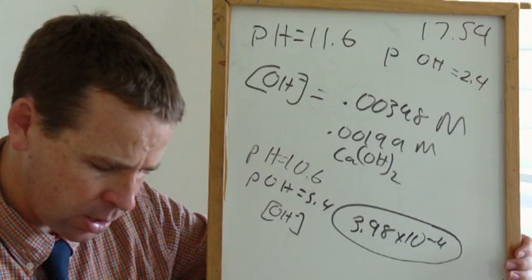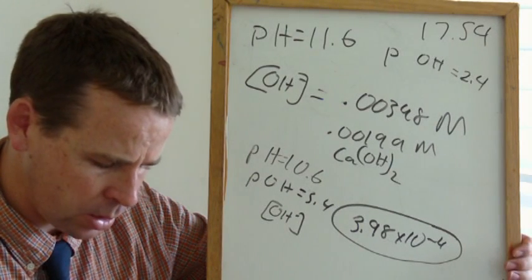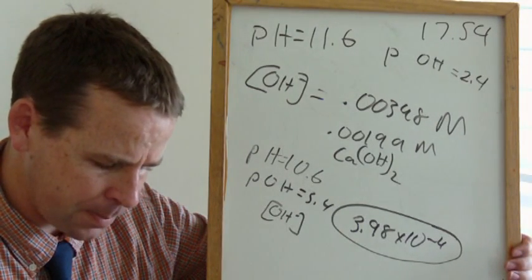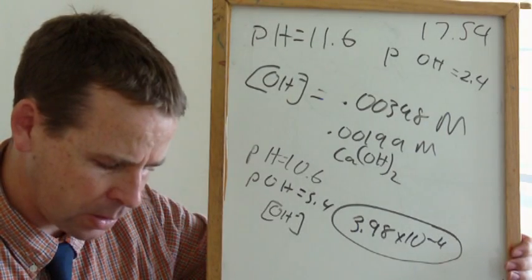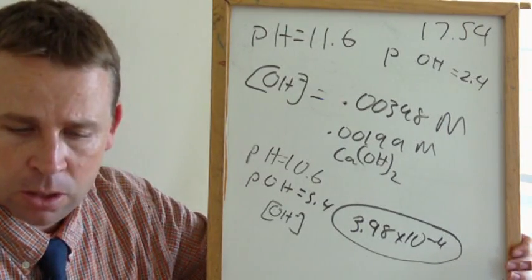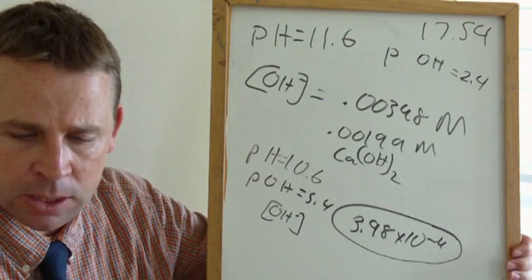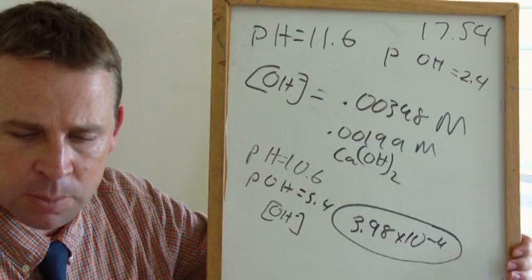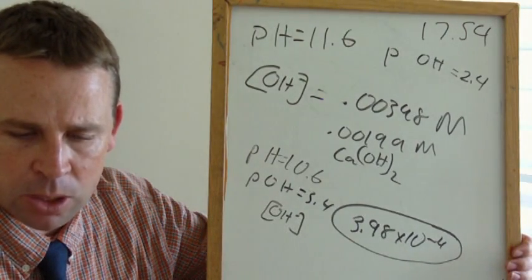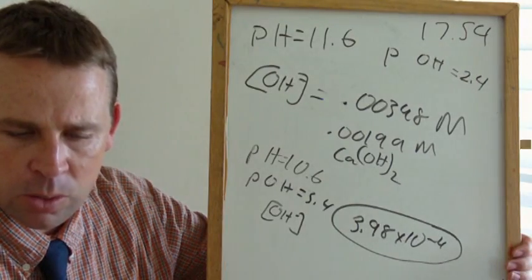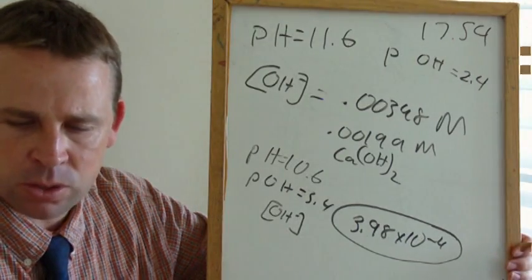You divide that by 2 to get the concentration of the calcium hydroxide in solution. And let's see if I'm missing anything. If the solution is diluted so that the pH is 10.6, what's the molar concentration of calcium hydroxide?